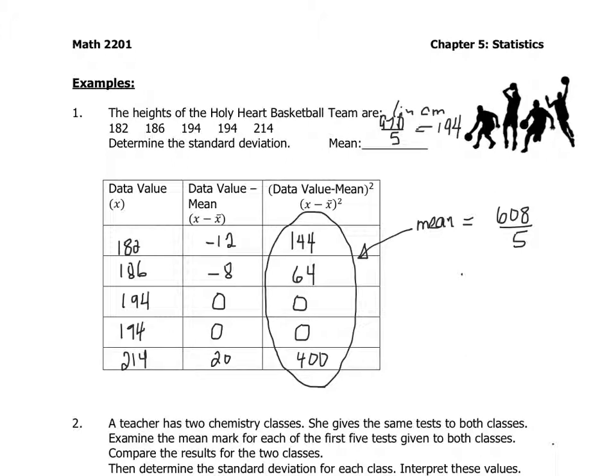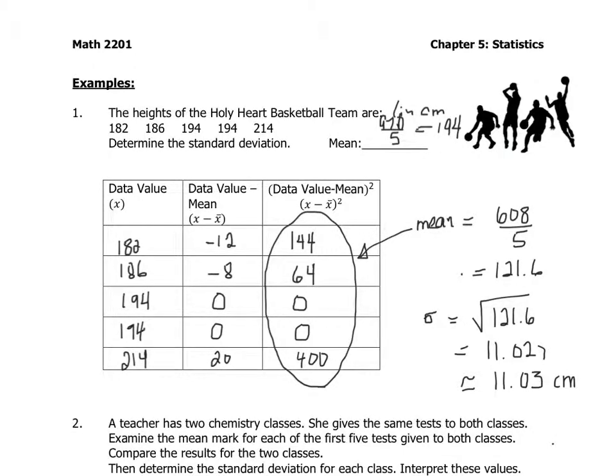So you divide that by 5 and you get 121.6. So therefore the standard deviation is equal to the square root of 121.6, which is about 11.027, or approximately 11.03 centimeters.